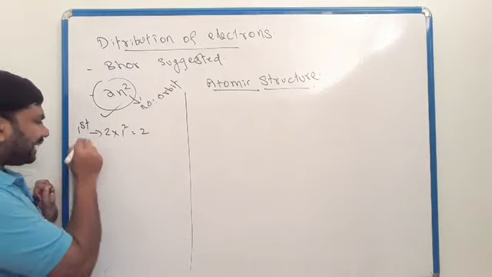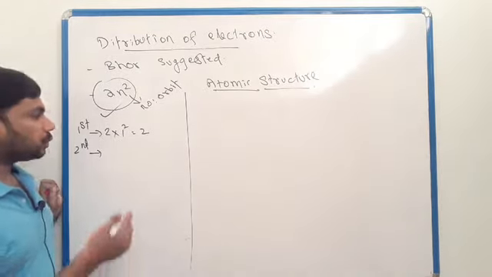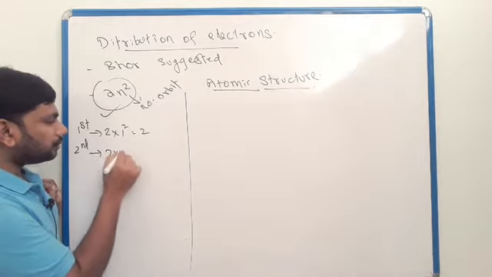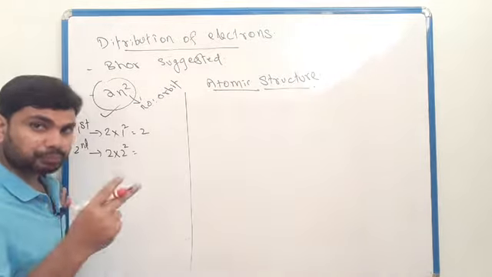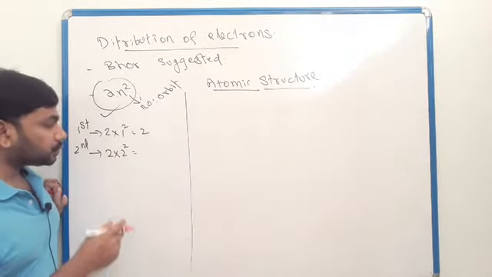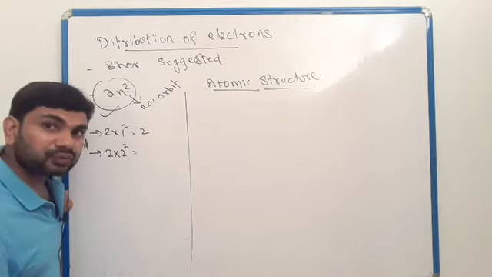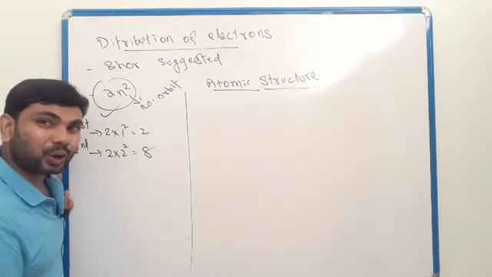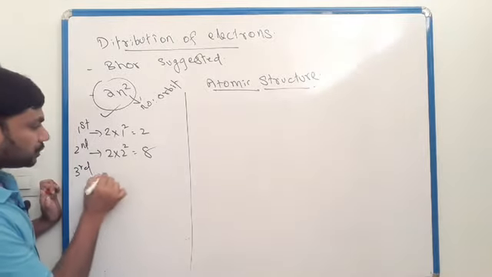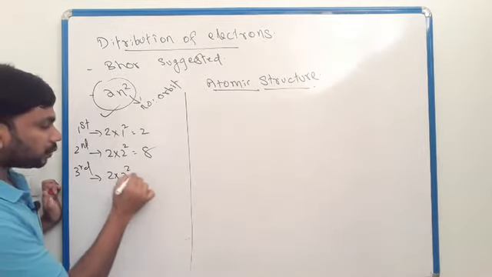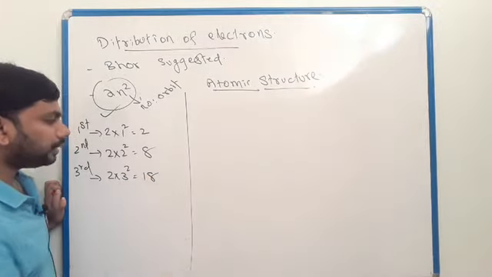We want to know how many electrons are in the second orbit. So we use 2 times 2 square. 2 square means 4, and 4 times 2 is 8. So in the second orbit there will be 8 electrons. Similarly, for the third orbit, 2 times n square means 3 square, which is 9, and 9 times 2 is 18.